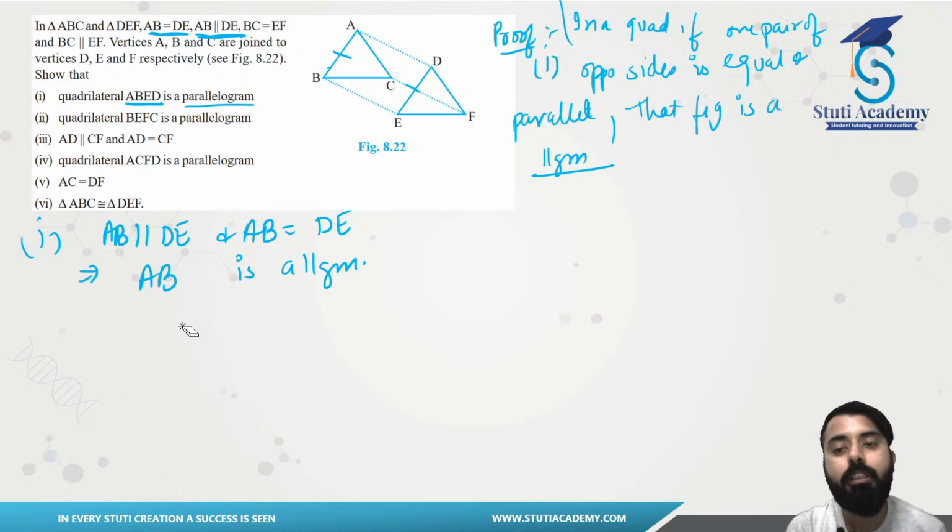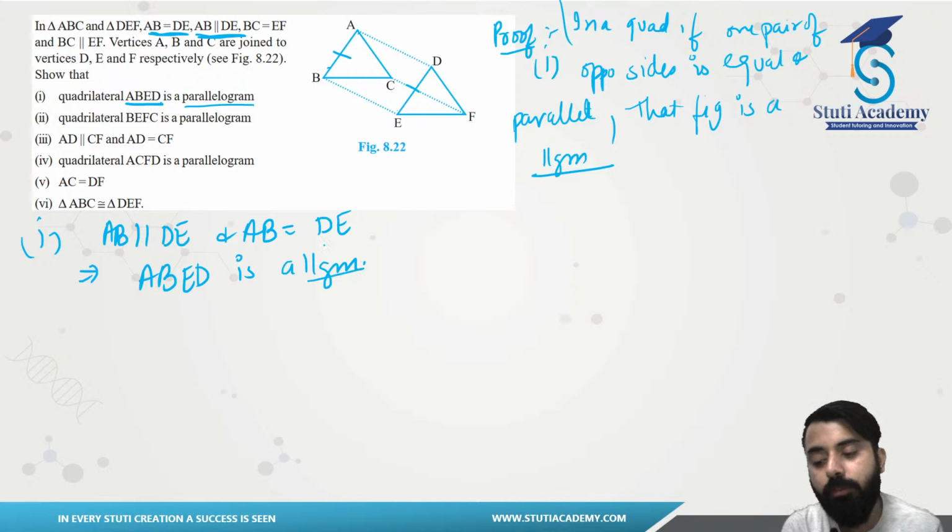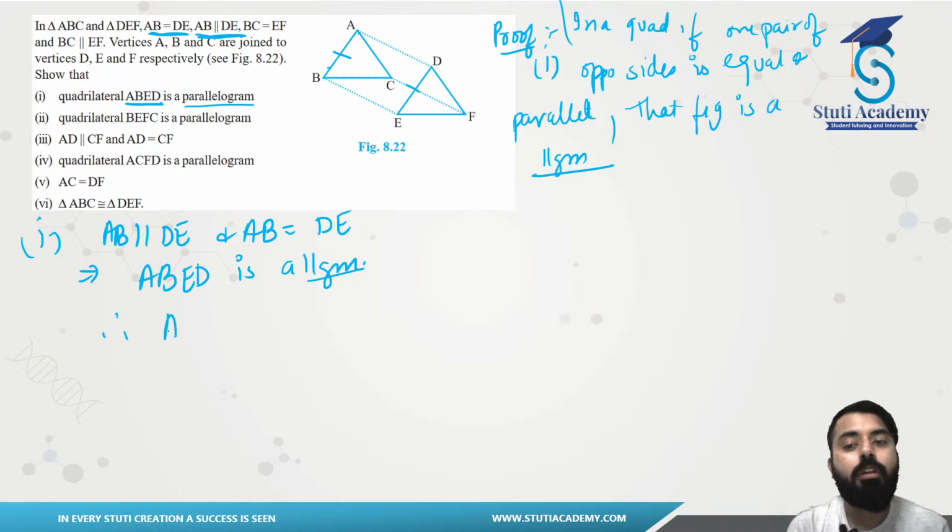We have to go in order. Now once you have proven ABED is a parallelogram, what can you say about the remaining pair of sides? If one pair of opposite sides is equal and parallel, then the other pair will be equal and parallel too, because the figure is a parallelogram. So I can easily say AD will be parallel to BE and AD will be equal to BE. Mark this one as your first.